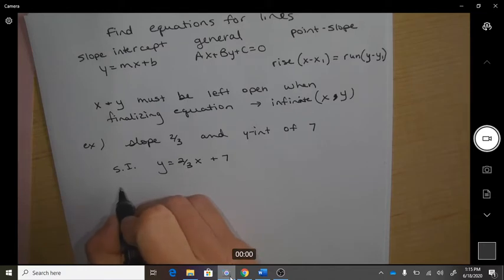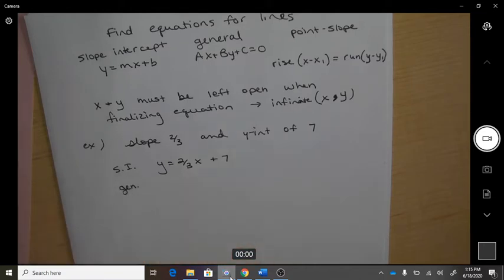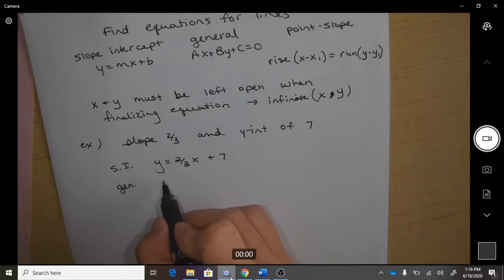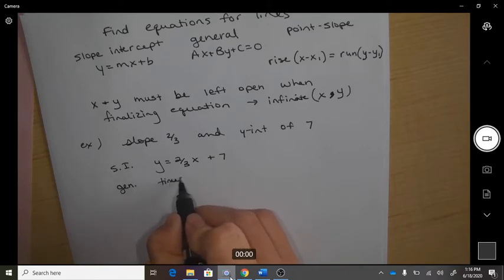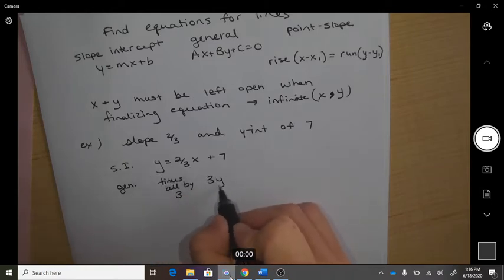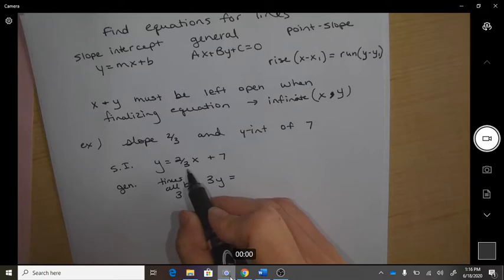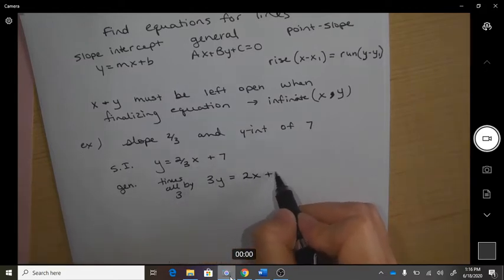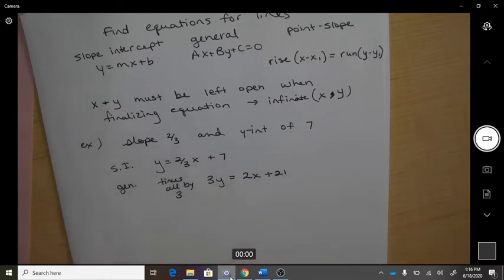If I asked you for general, what would you do? Then you would just do algebra. So I am going to times everything by 3. So if I times this by 3, if I times this by 3, the 3 on the bottom goes away, and 21.